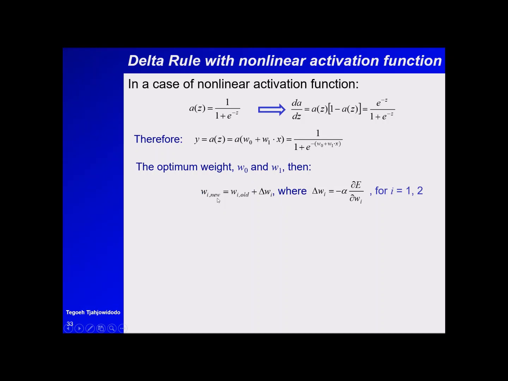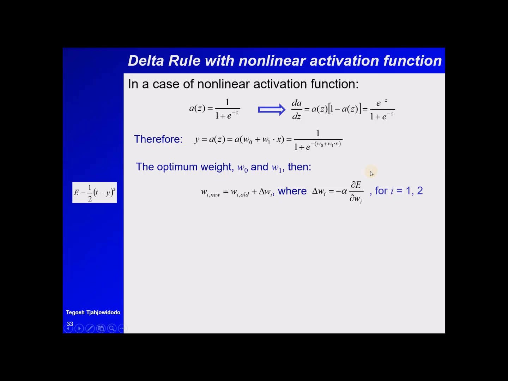The updated weightage will be just simply equal to the old weightage plus a certain updating factor, where the updating factor is equal to minus the learning rate times the first derivative of the error with respect to the weightage that you want to update.